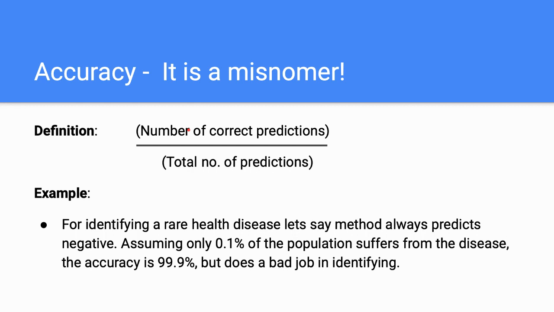Let's say we have a rare disease prevalent in a population, but that rare disease has only affected 0.1% of the population, and our testing method always returns negative results. Then accuracy would be nearly 99.9%, but it does a very bad job in identifying this particular disease. So we need better metrics.